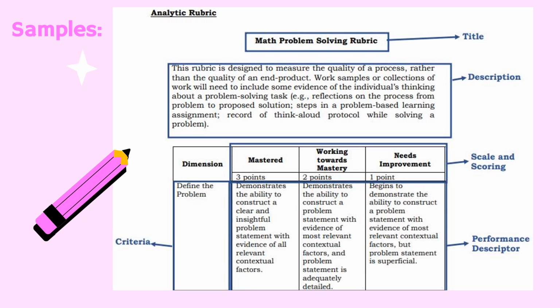Examples are the reflections on the process from problem to proposed solution, steps in a problem-based learning assignment, record of think aloud protocols while solving a problem. So this is where you're going to put the description of your rubric. Now, here are the criteria, the scale and scoring, and the performance description.